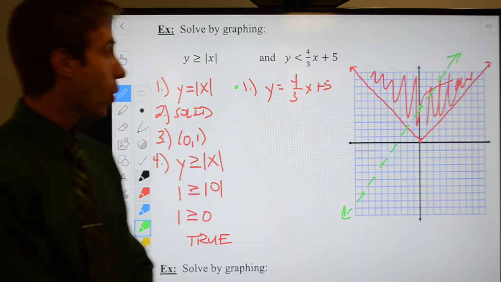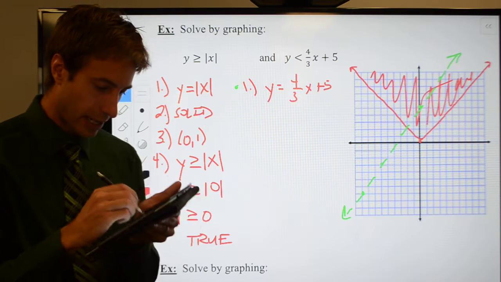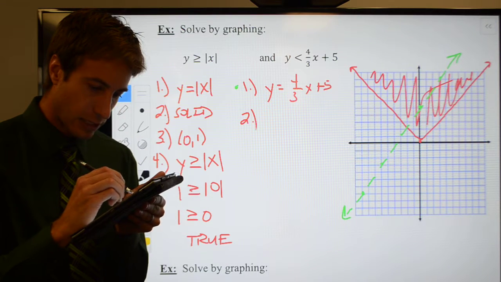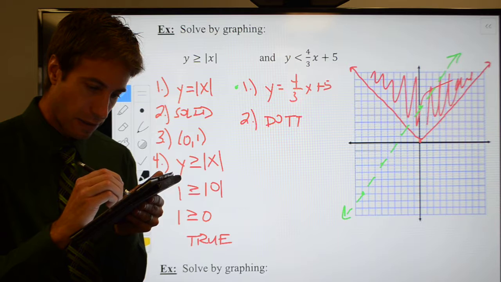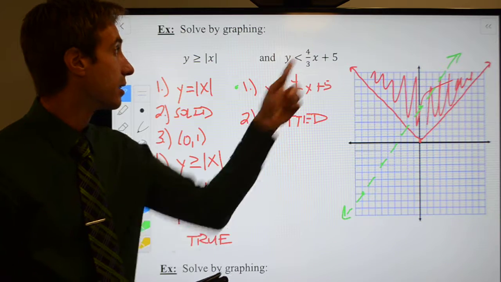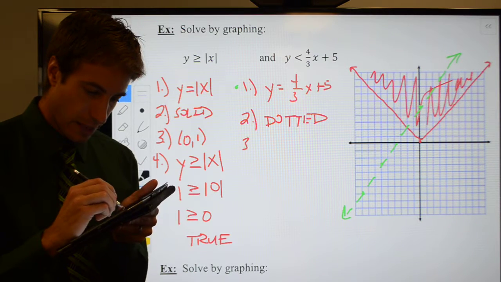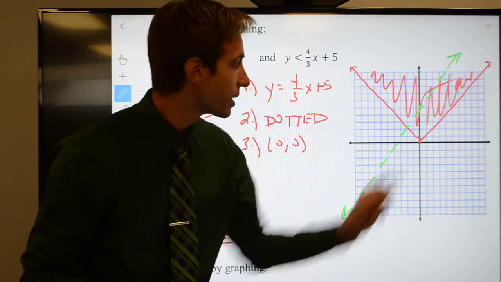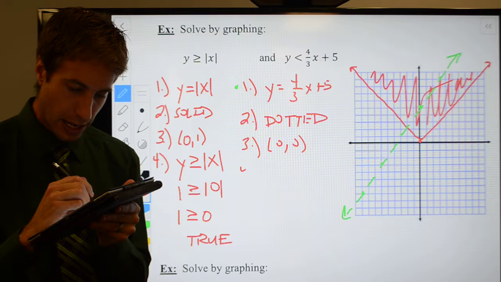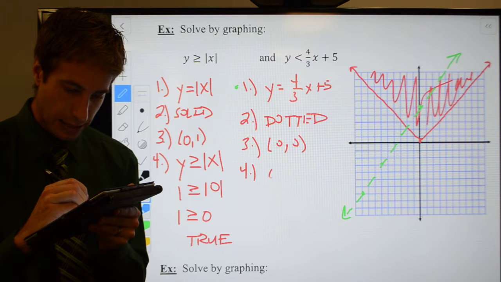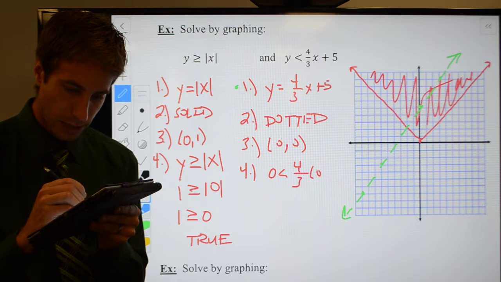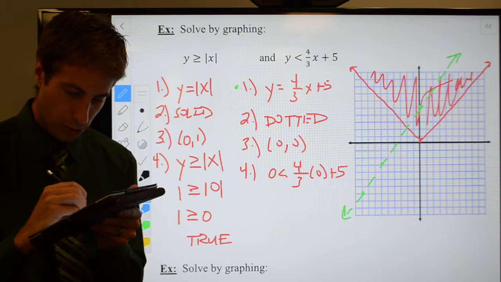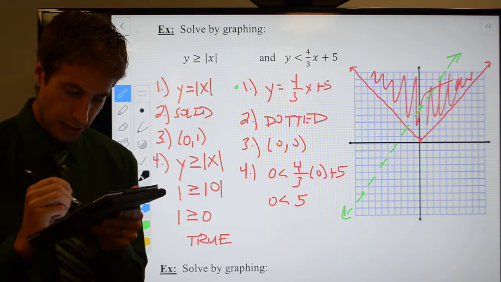Okay, great. Sorry, I didn't write it down, but it is a dotted line because of the strictly less than sign. Step 3, can I choose 0, 0? Well, for this one, I can. My green line doesn't go through 0, 0, so now let's plug that in. I get 0 less than 4 thirds times 0 plus 5, which means 0 is less than 5.